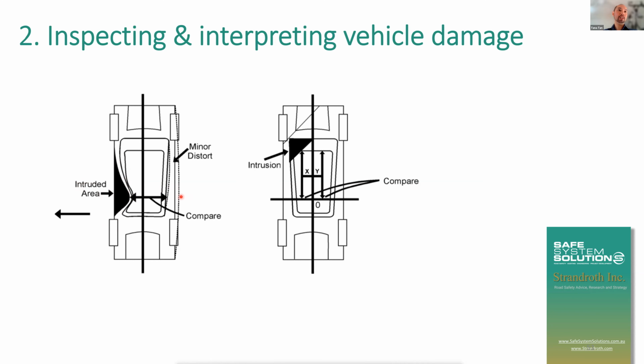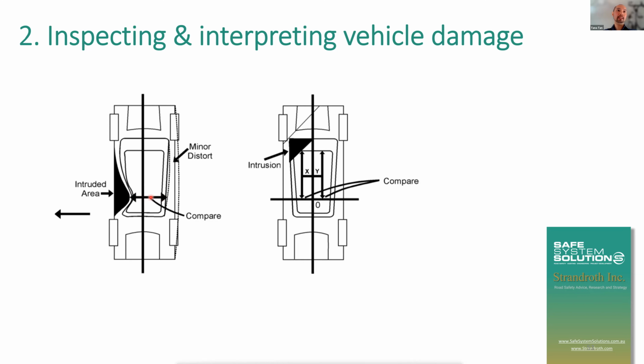We can measure intrusion like this: if this vehicle has only been impacted on the left-hand side and the right-hand side has not sustained any impacts, we can then use the right-hand side as a comparison point or data point. So basically we measure from the center line of the vehicle to, let's say, the start of the roof liner where it meets the rear door.